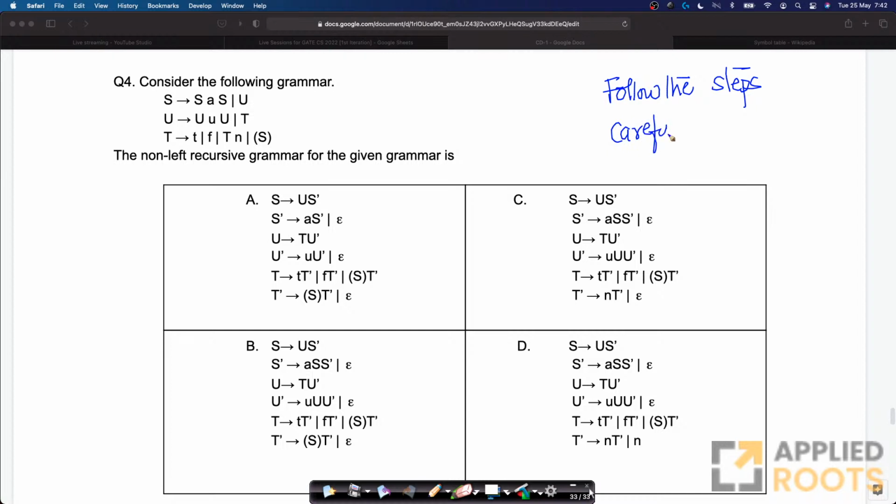If you don't know the steps, you should go back and revise it from your notes or from the course videos. If you know it, it's straightforward. Let's not go for speed, let's go for accuracy.